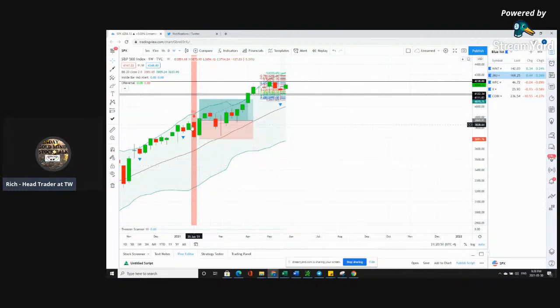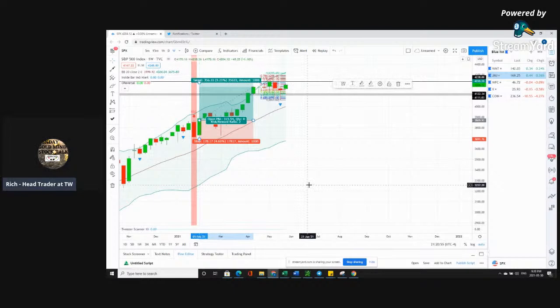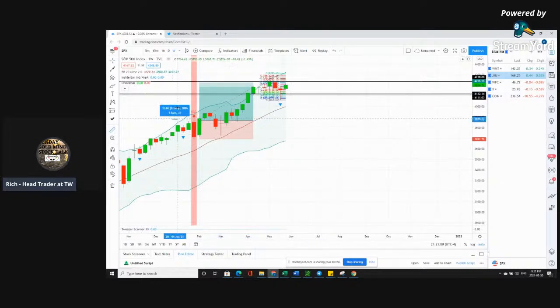Look at this. You have been able to sit in this trade all the way to where we are right now. Okay, so how many points is that? Let's say you get in right there. We're on SPX. So that's 339 points. All right, that's huge. Where's the calculator? One second.